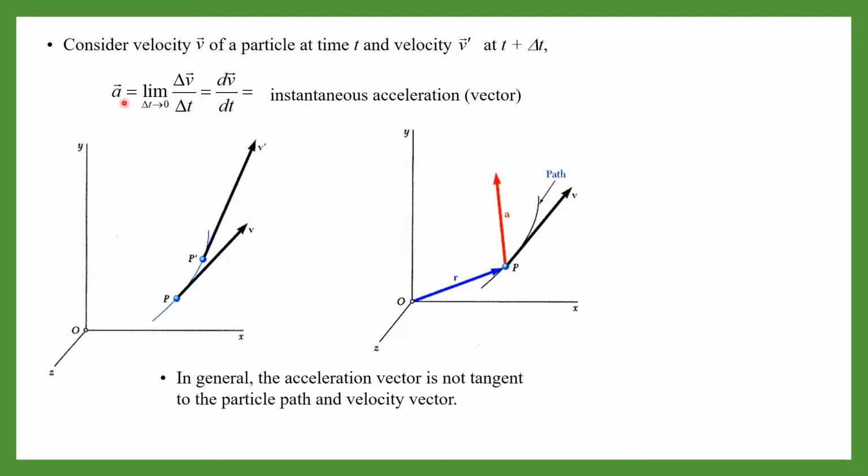Similar to the velocity, the acceleration can be written as limit delta t tends to 0 of delta v by delta t, which is equal to dv by dt, and this is the instantaneous acceleration. This acceleration vector is not tangent to the path, though velocity is always tangent to the path of the particle.